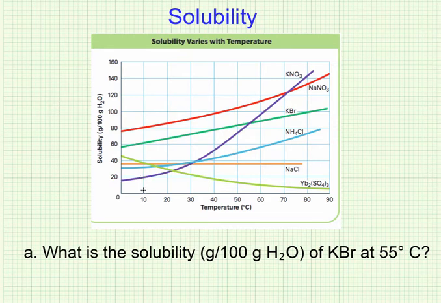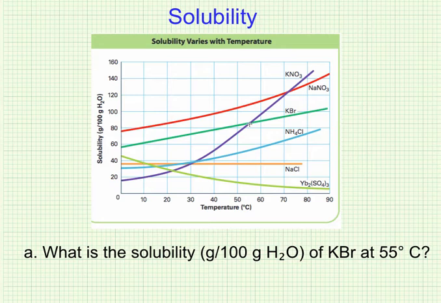So let's take a look at this. We can look at the temperature, and we're asked, what is the solubility, the grams of potassium bromide per 100 grams of water at 55 degrees Celsius? In order to do this, we were given the temperature, so we come over here where it says 55, and we go up until we cross where it says potassium bromide.